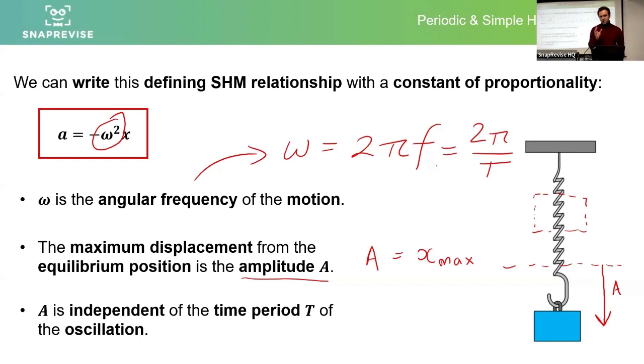If x is our displacement at a given time, A is the maximum value of that displacement. Okay, so at some point, we will get the situation where the maximum acceleration we can get, if we look at this equation back up here, is minus omega squared times the maximum displacement, which we've defined as A, our amplitude.